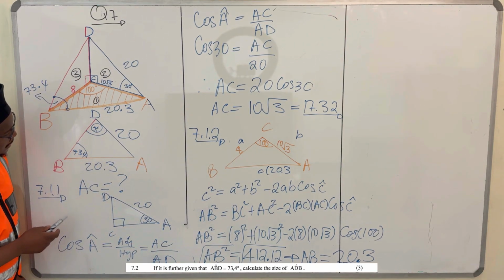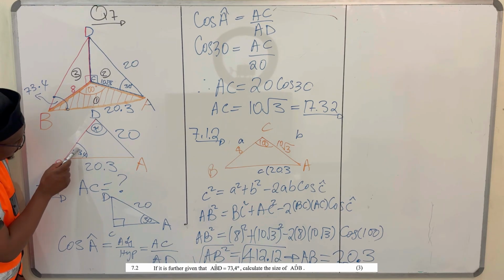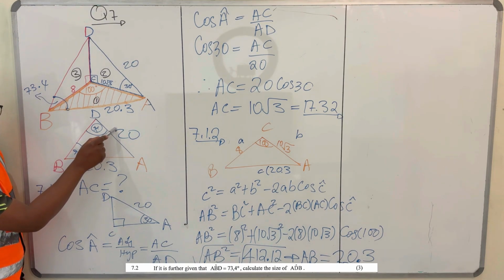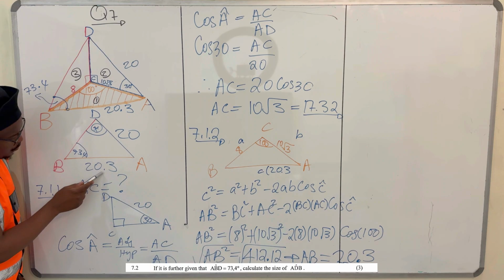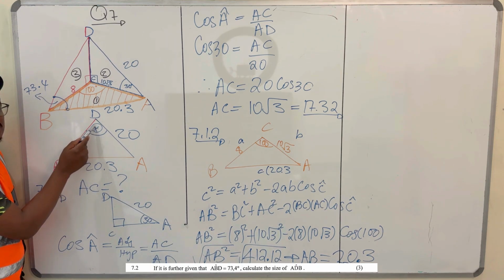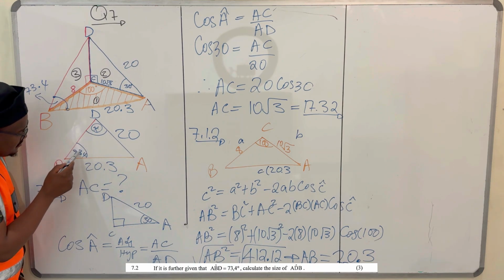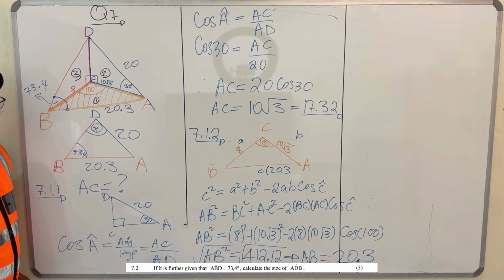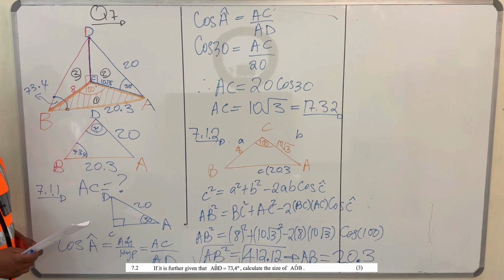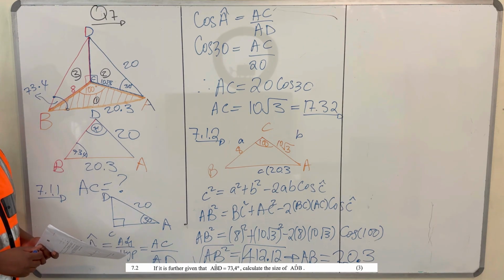what do we have? We have an angle and the opposite side, and then a side and the angle opposite it. That's what we're trying to find, this angle here. We have this opposite side, and we have this angle and this opposite side. This is a perfect condition for the sine rule.